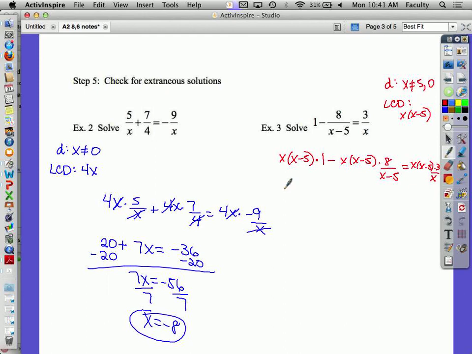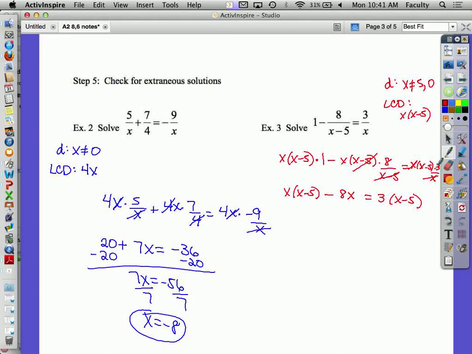So right here, I just get x times x minus 5, because 1 times the x. Here, the x minus 5 cancels, and I get 8x. Here, the x cancels, and remember we talked about this in the previous lesson. X minus 5 times 3 is equal to 3 times x minus 5, because that's the commutative property. I'm allowed to do that.